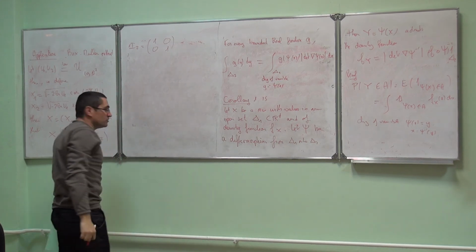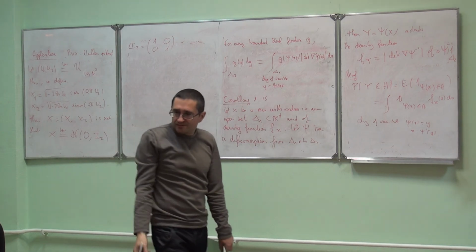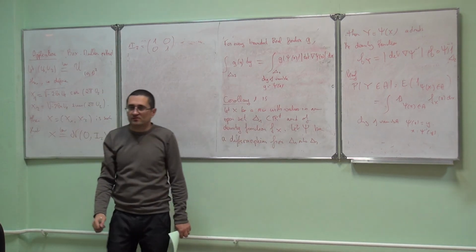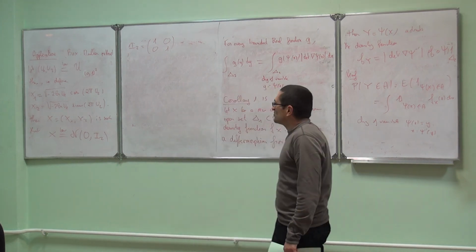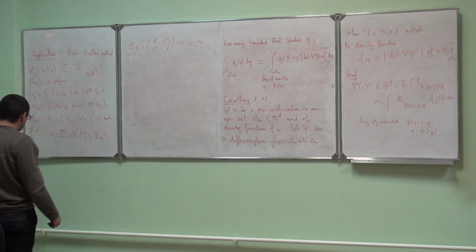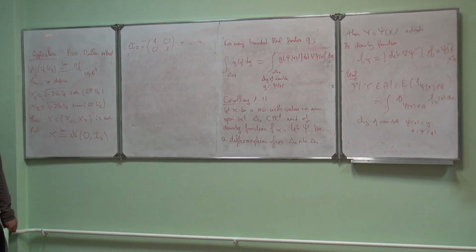This means in particular, in this Gaussian case, that the two random variables X1 and X2 are independent. So it is a way to simulate Gaussian distributions.